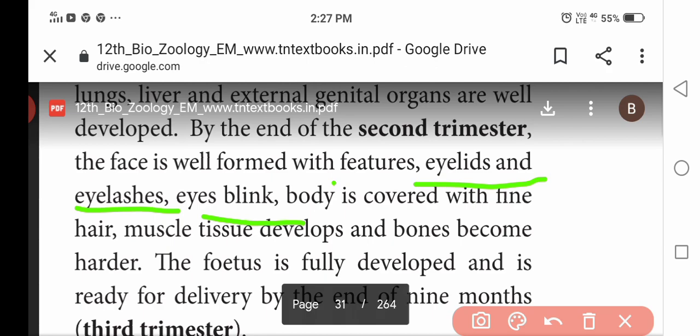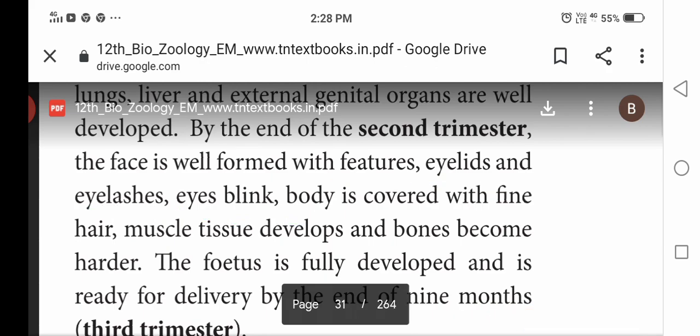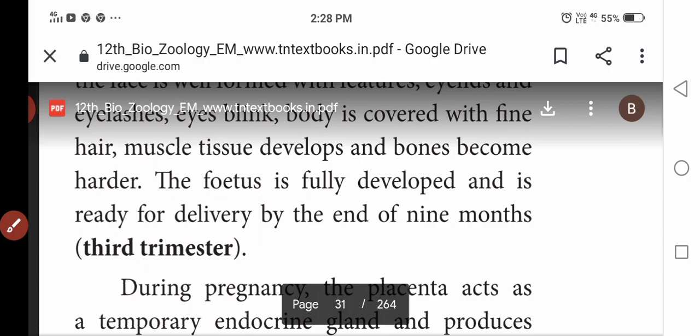And in the second trimester the eyes, hair, muscles, tissues are formed, and bones become harder. Bones are produced in the first trimester, but they are not harder. But in the second trimester they harden. So the fully formed baby, the fully formed fetus, is ready to deliver at the end of the 9 months. That is the third trimester.